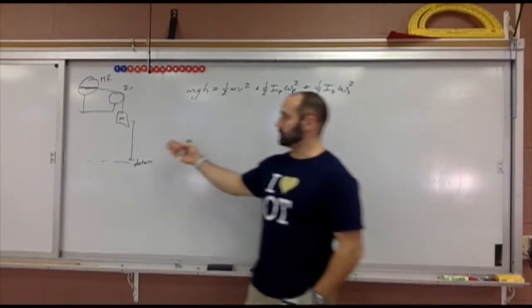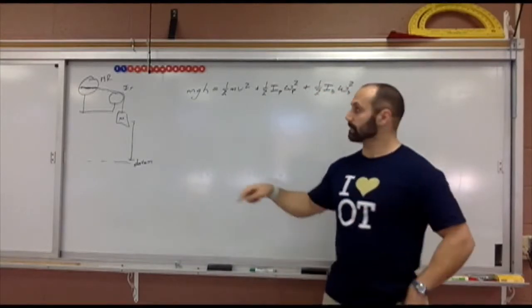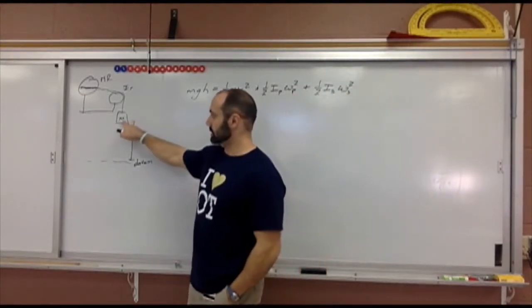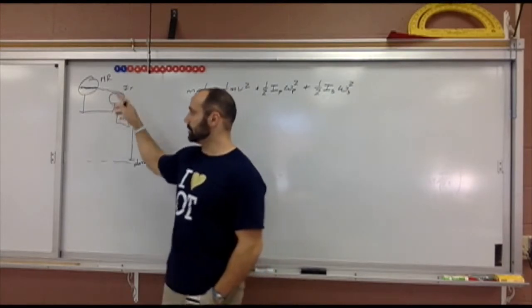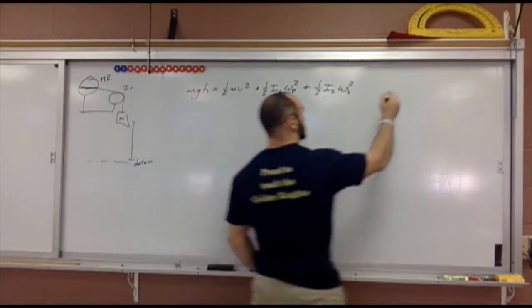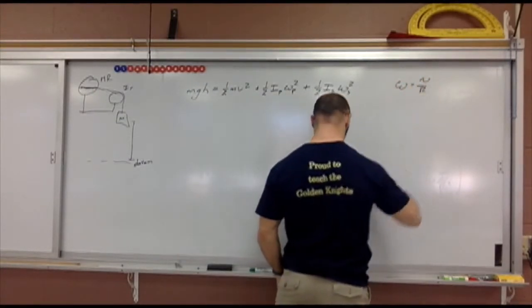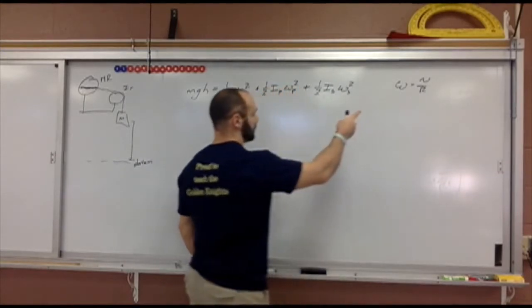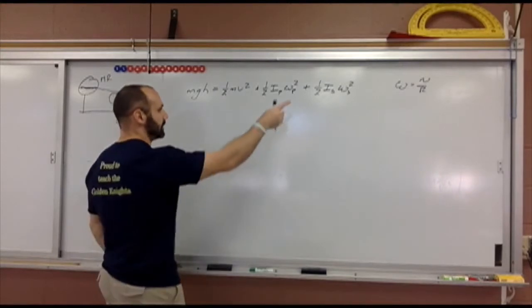Now, because the string is taut, right? It's not stretching. The speed of this is going to be the tangential speed of the disk, the pulley, and the sphere. And so, as a result, omega is v over r. Well, big R for the sphere and little r for the pulley. I can plug that in here.